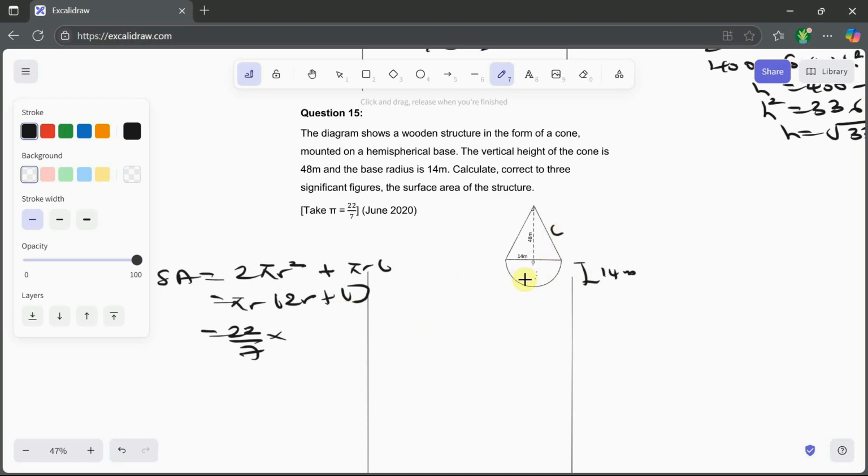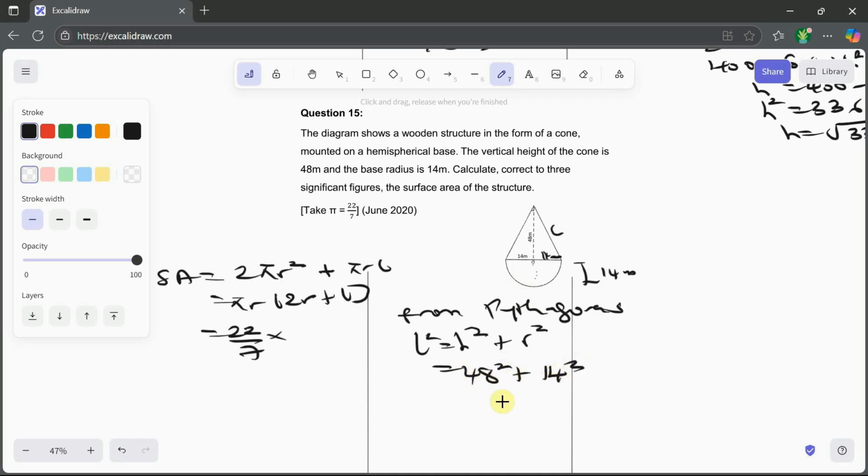So we could say this 14 meters is also 14 meters, right? Then we can say from Pythagoras, l squared is equal to h squared plus r squared, right? The h is 48, so that will be 48 squared plus the r is 14, so plus 14 squared.